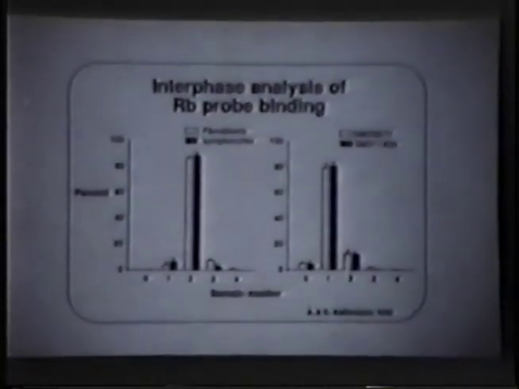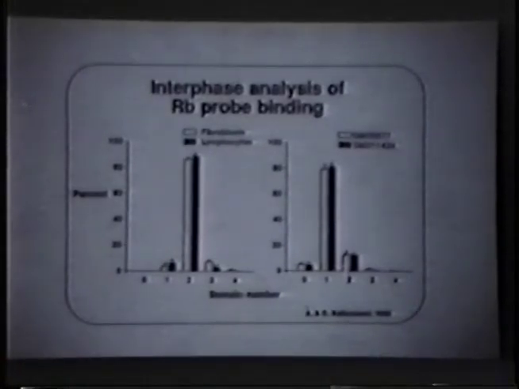So it is a good technique for doing copy number analysis. I might point out that using these kinds of probes, you can target DNA sequences that are as small as a kilobase, although the efficiency with which you can detect those probes or those sequences goes down as the probe gets smaller and smaller.